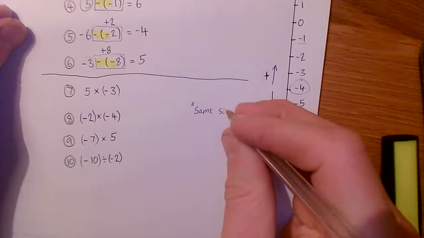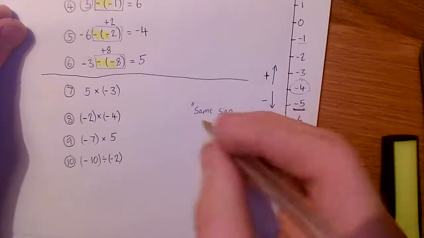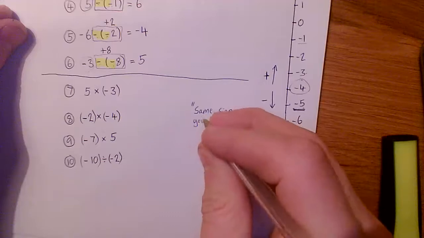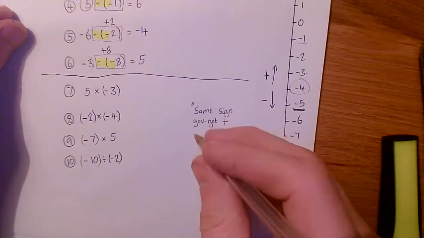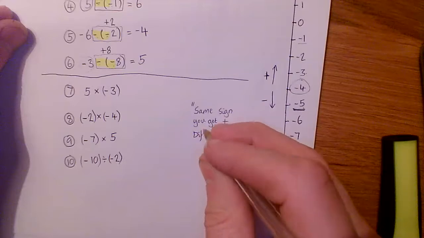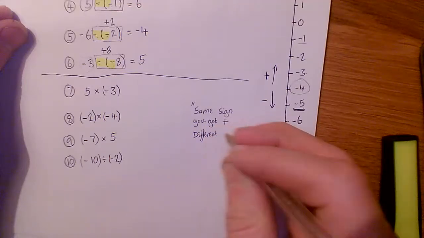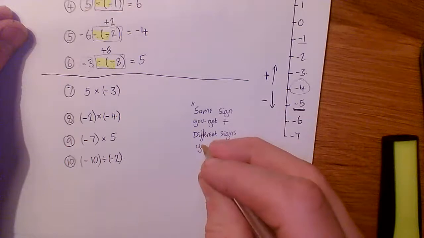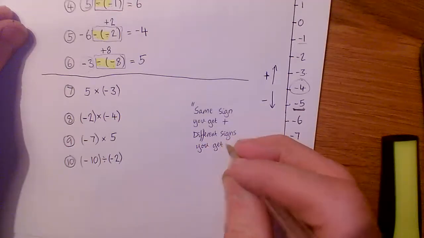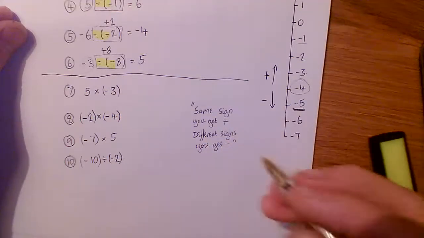If you have the same sign on the two things you're multiplying, you get positive. Different signs, you get negative. This is only for multiplying and dividing.